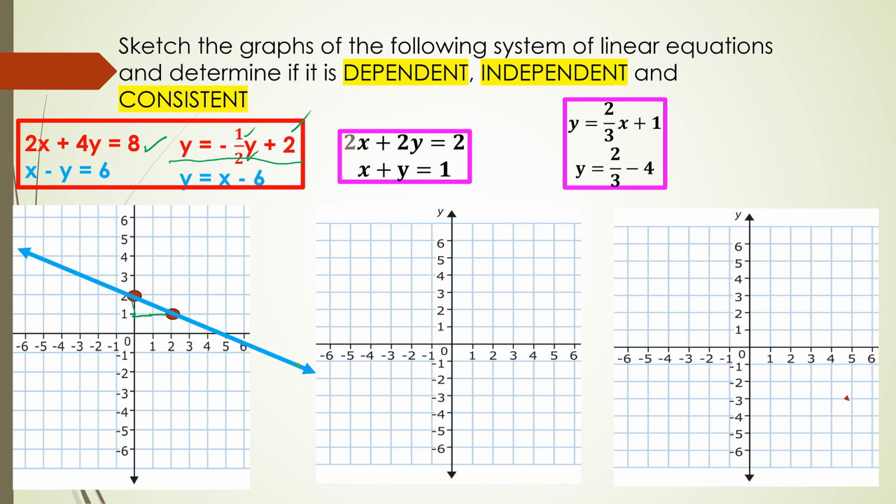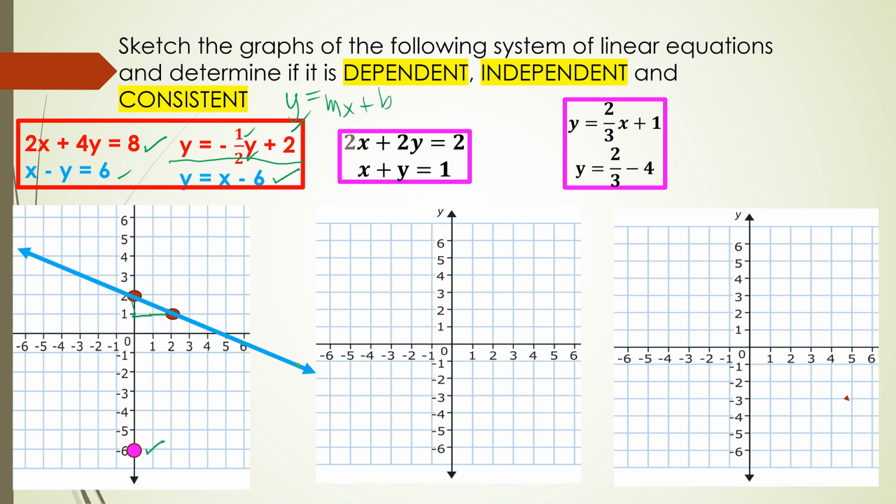And then the second equation refers to x minus y is equal to 6. In the slope-intercept form, which is y equals mx plus b, the b there is negative 6. So as you have seen, the graph crosses the y-axis at negative 6.